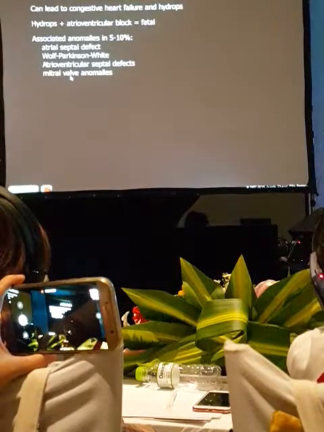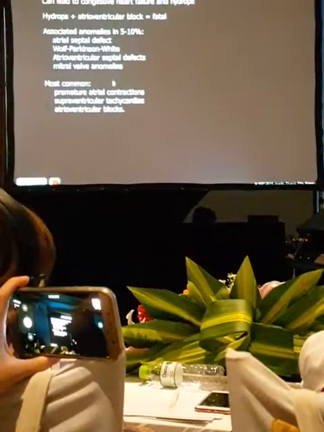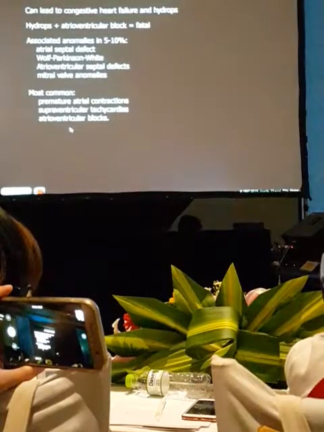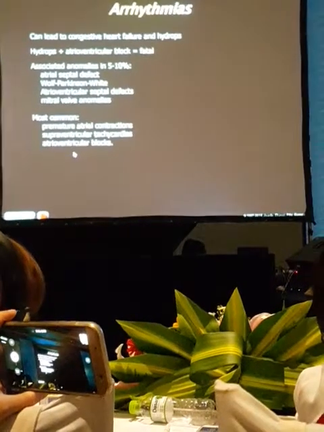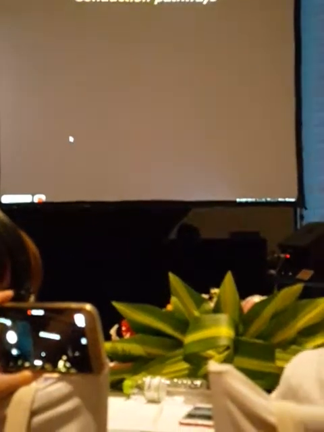So these babies have to be identified also. And then I hate to tell you that, but the most common are premature atrial contraction, supraventricular tachycardia, and atrioventricular block. But I want you to forget that because I want you to make the distinction between all the arrhythmias, not just spit off a number.